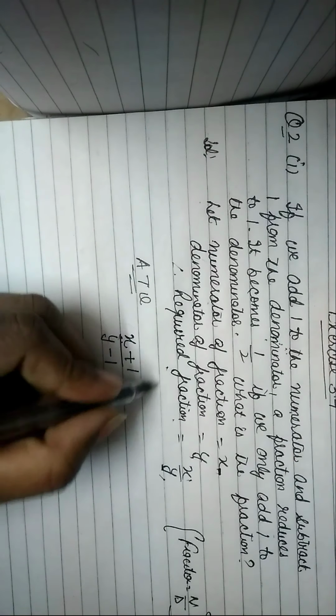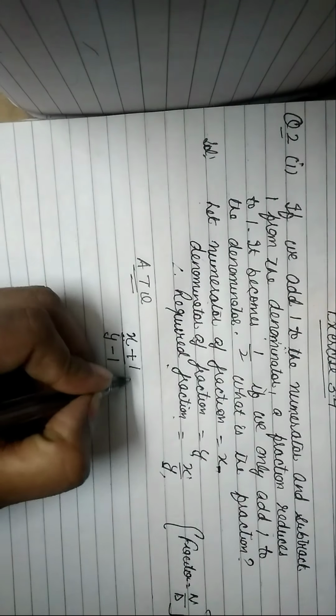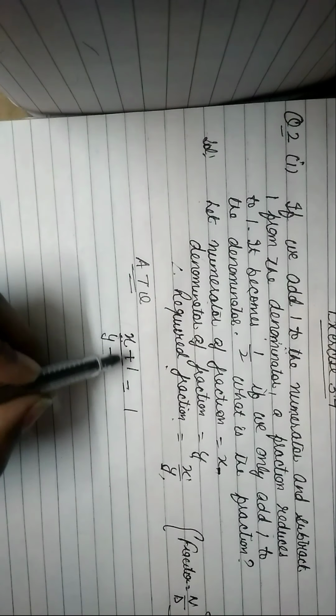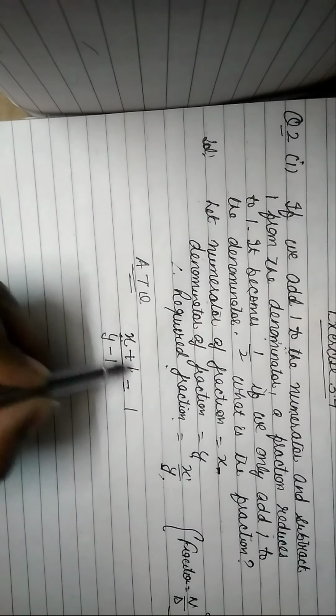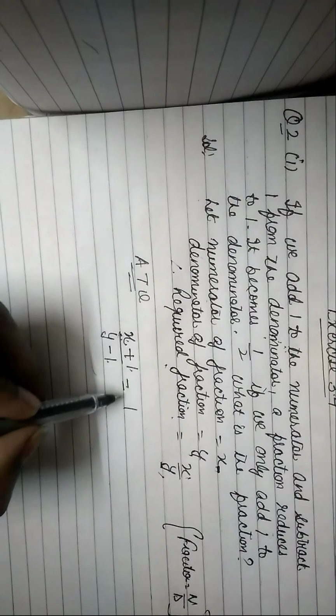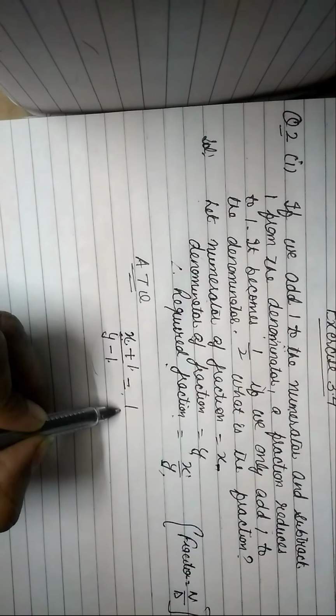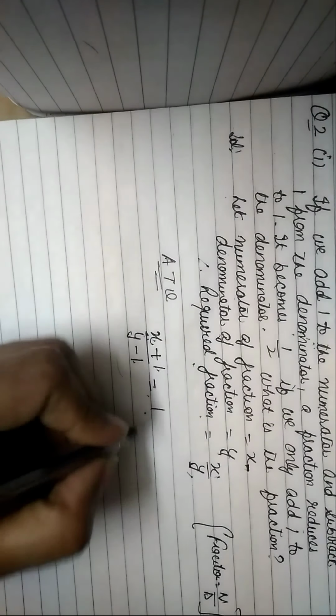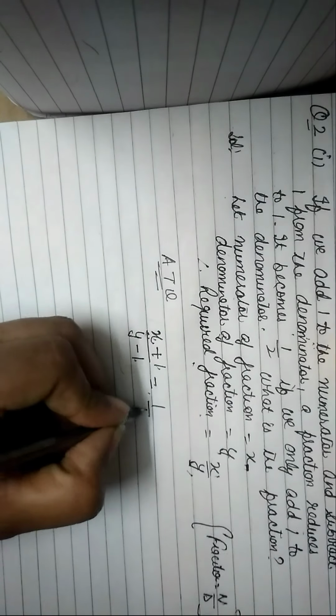Then this is our fraction, x plus 1 upon y minus 1, and this is equal to 1. In the first condition we are given that if we add 1 to the numerator and subtract 1 from the denominator, the fraction reduces to 1. Now solve this equation by cross multiplication.